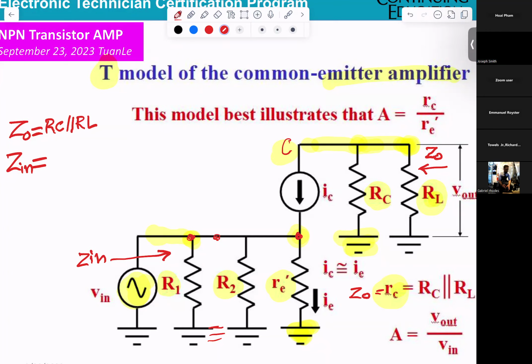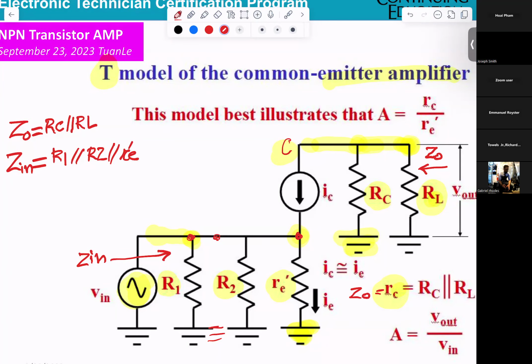Z in is equal to R1 in parallel with R2 and in parallel with R prime E. Perfect. You can say R1 parallel R2 and parallel R prime E.